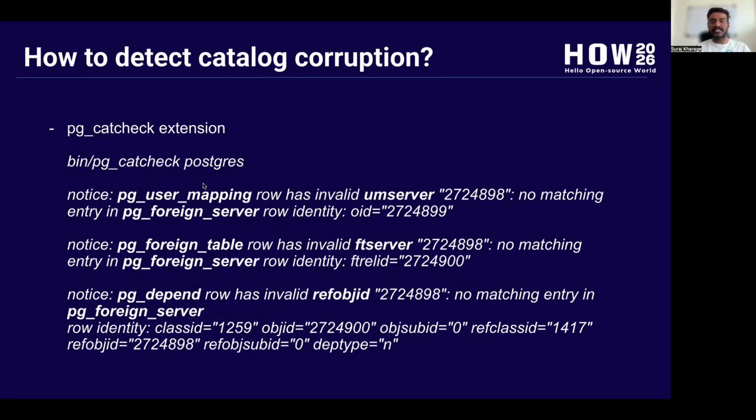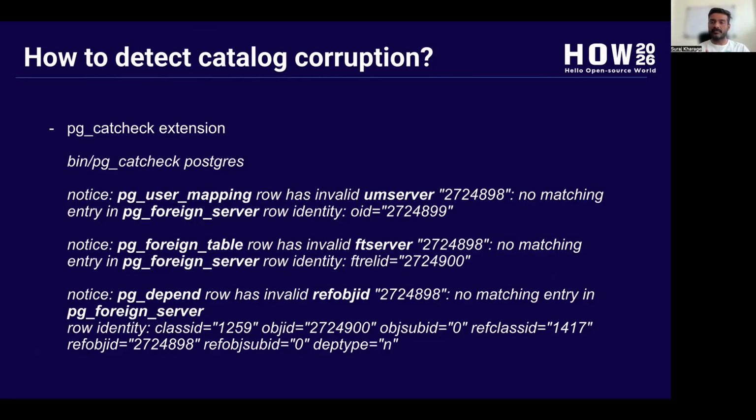EnterpriseDB provides the pg_catcheck extension, which is open source. We can use that with Postgres. How can we use it? Just use that binary by providing the database name, and it will scan all the system catalogs and come up with a list of any catalog corruptions.